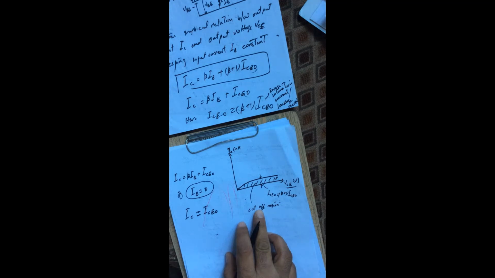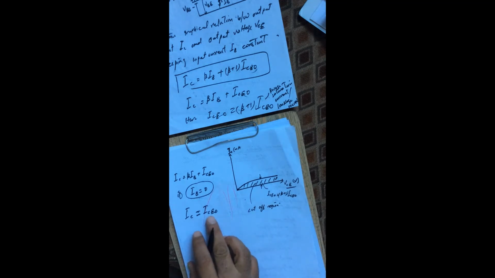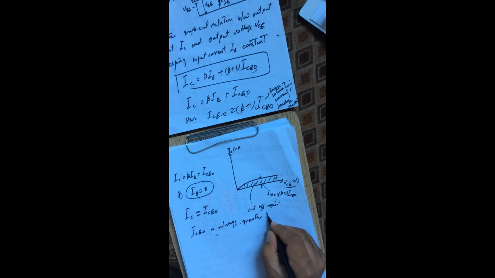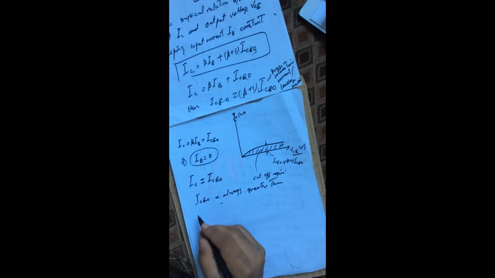Here ICEO is the leakage current or reverse saturation current, and we know that ICEO is always greater than ICBO.